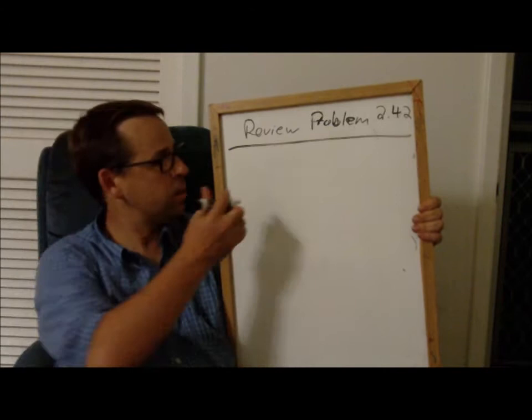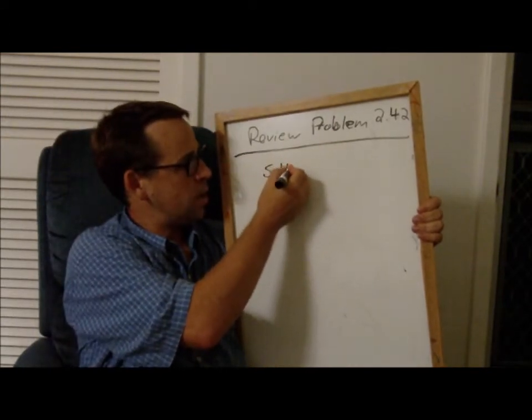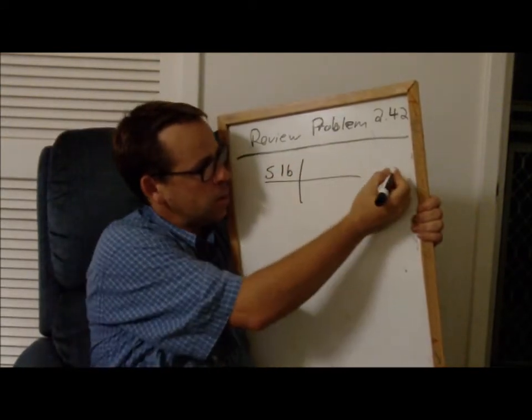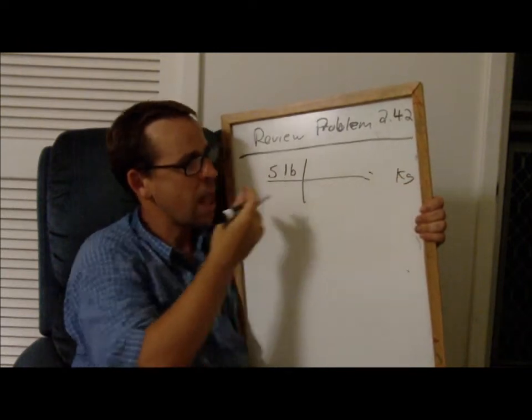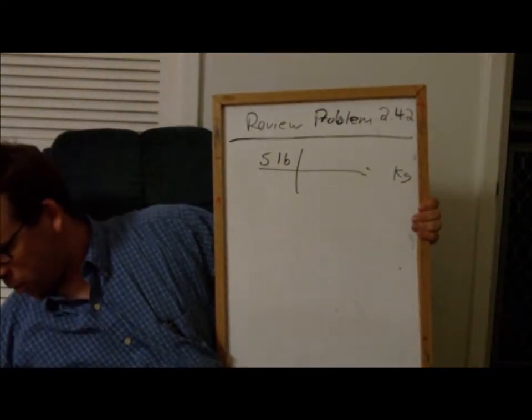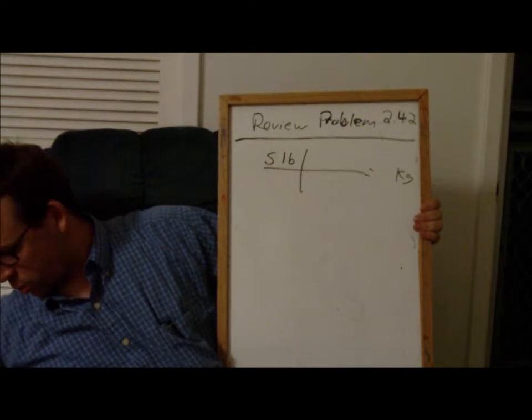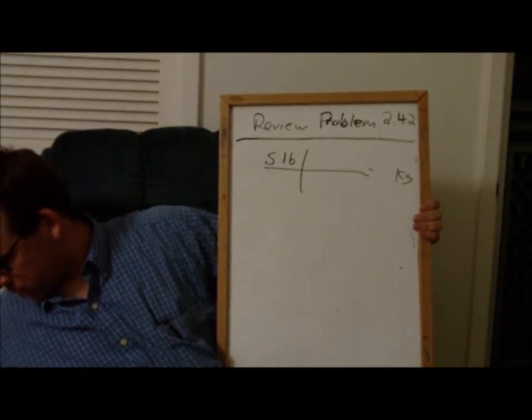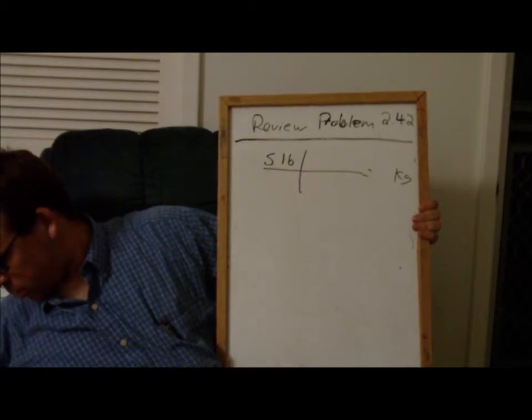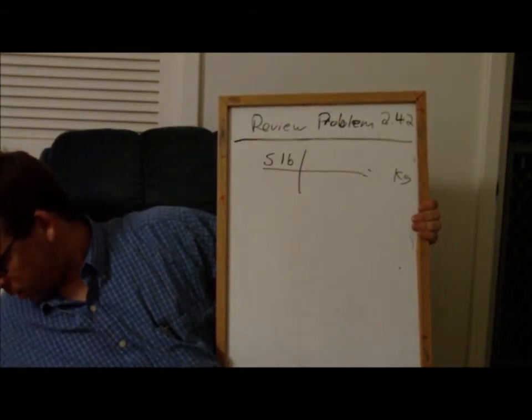5 pounds to kilograms. 5 pounds, and we would like to know how many kilograms. Alright? And they say we can refer to tables 2.3 and 2.4 to find out how many kilograms are in how many pounds.